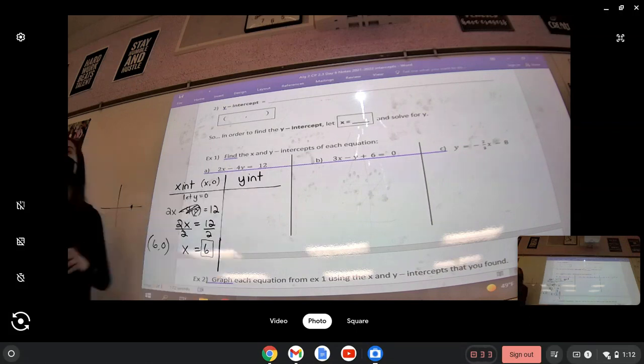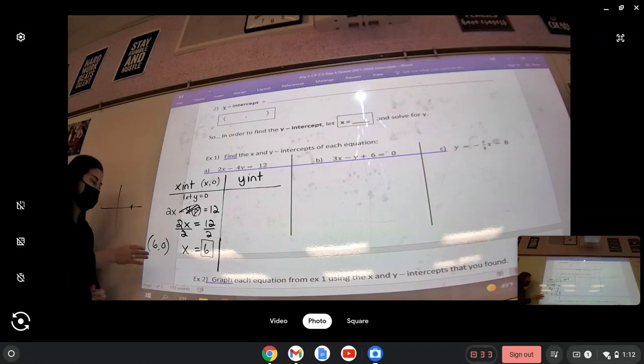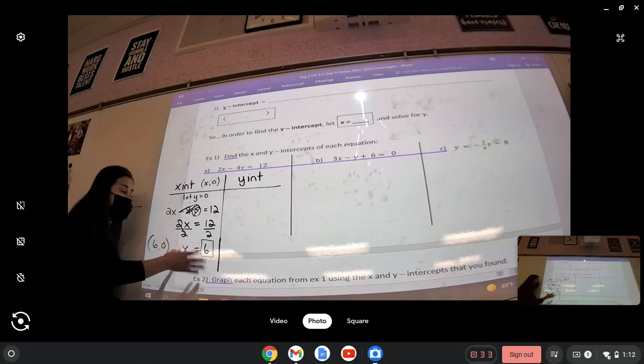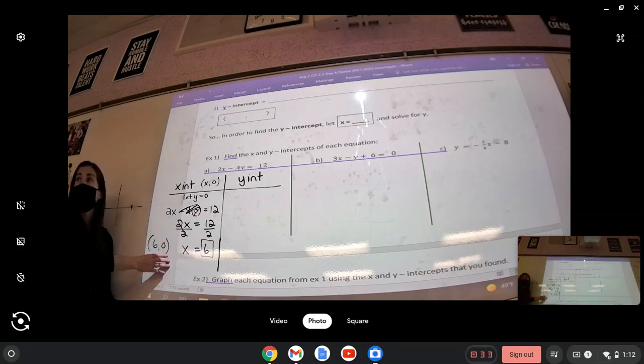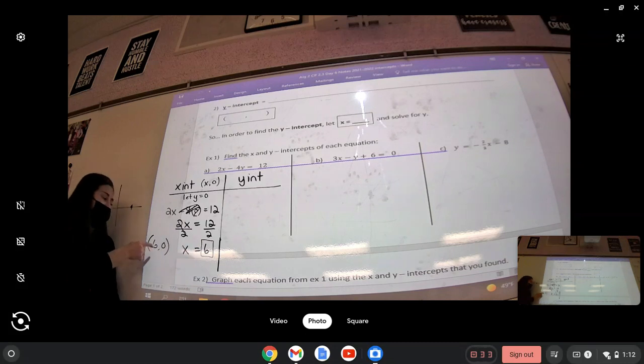All right, let's do the y-intercept now. Go ahead, Darian. How did you tell? On a test, how would you tell? Like, how would you give me the answer? I would either say, give me the x value, or I would say, give me it as an ordered pair. All you have to know, though, Darian, is if you just solved it for x, then that's your x coordinate, and the other coordinate had to be 0. How do you tell if it's a y or the x?